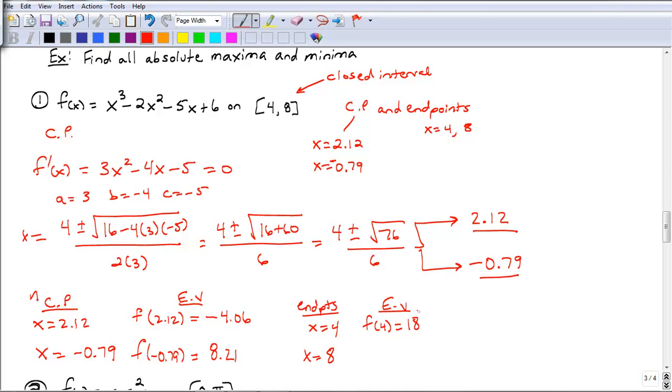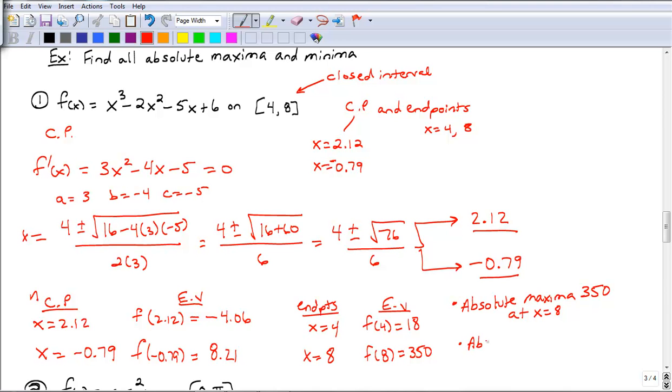And I plug in 8. And that gives me 350. So the absolute maxima is the 350. And that happens at x equals 8, which happens to be an endpoint.